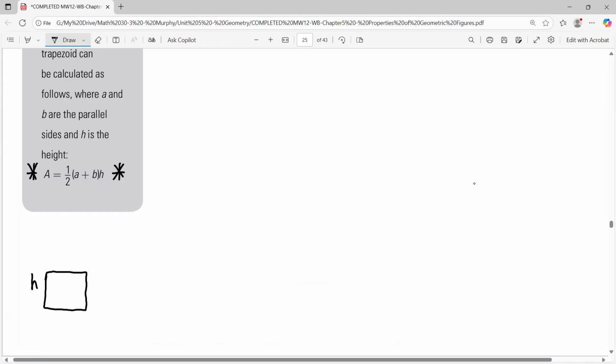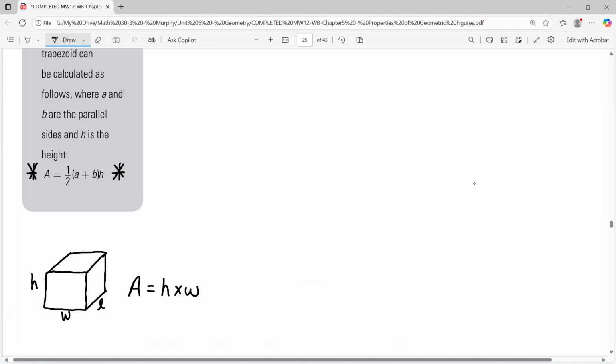So this is height and width, and that's how you would get the area, right? But as soon as we add some depth to a square, we've added a third dimension, which now is volume. So now we have a length.